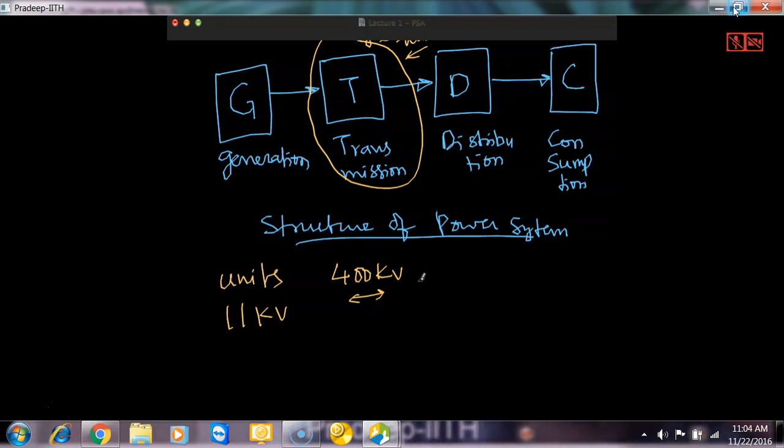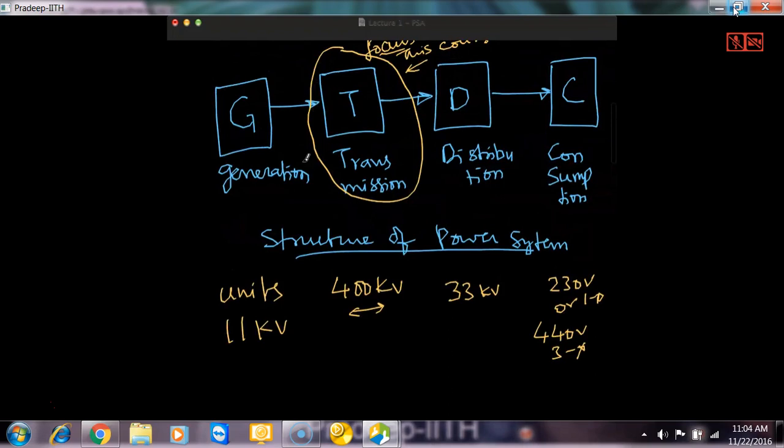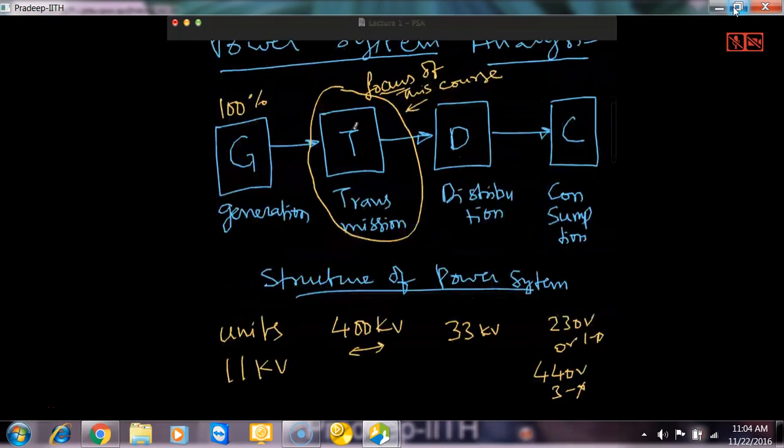So what happens in this? Okay, so first thing is, when you generate, let's say in the generation 100% is generated. So by the time power goes into the transmission network and then crosses to the distribution network, already there are some losses. So the losses are roughly about 5 to 10%. So let's say here there are losses of about 5%.